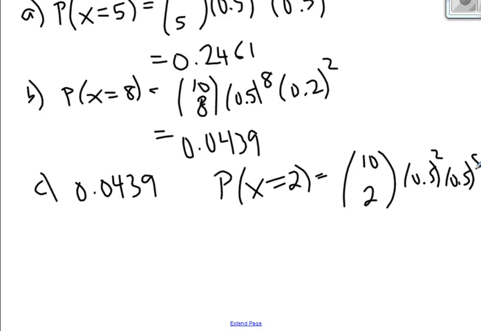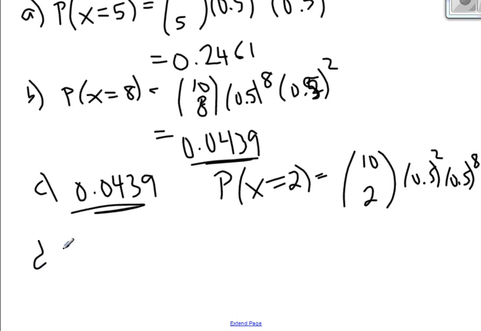And 0.5 to the 8 and 0.5 to the 2 is the same as 0.5 to the 2 and 0.5 to the 8. And based on Pascal's symmetry, we know that 10 choose 8 is the same as 10 choose 2. So again, we know that this is the same as this.